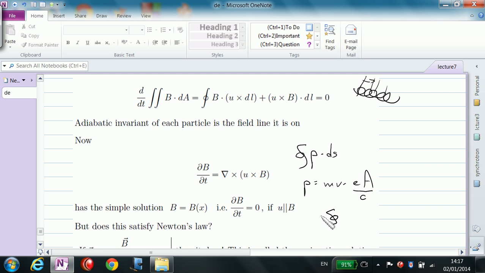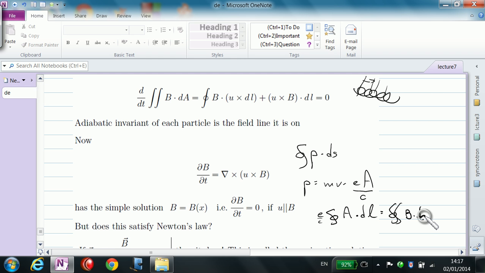The closed loop of e over c A dot dl is equal to the integral of B dot dA.